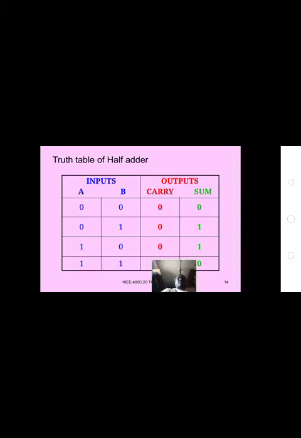Here I have taken the 2 1 code for representing the 2 inputs. First of all, for input 0 the code is 0 0. For 1 the code is 0 1. For 2 it is 1 0. For 3 it is 1 1.